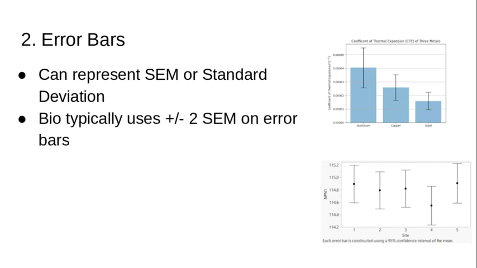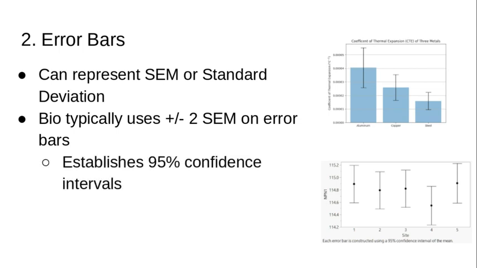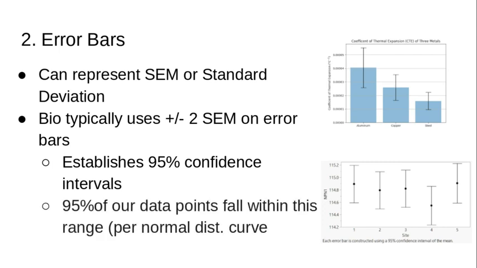Bio typically, again, uses plus or minus 2 standard errors or standard deviations on our error bars. This establishes what's called a 95% confidence interval, which means 95% of our data points are going to fall within this range as long as we're talking about a normal distribution curve. So how do I actually apply an error bar?